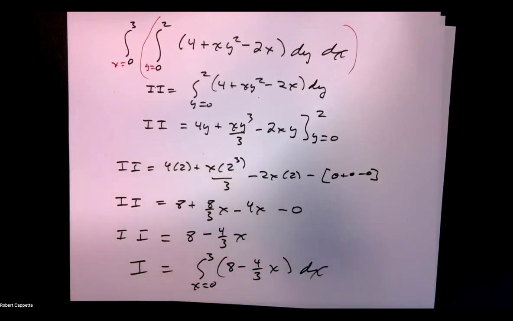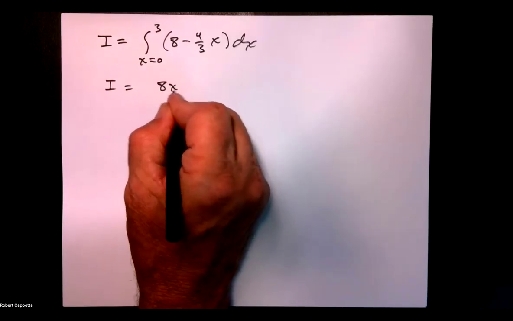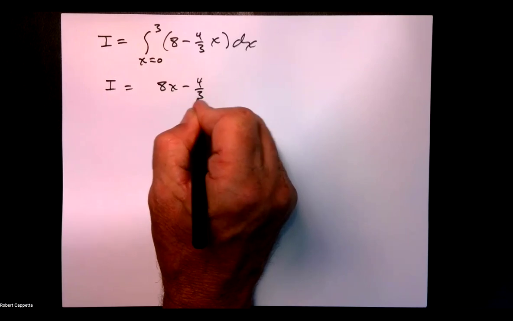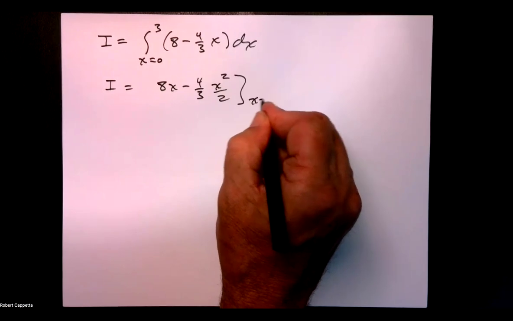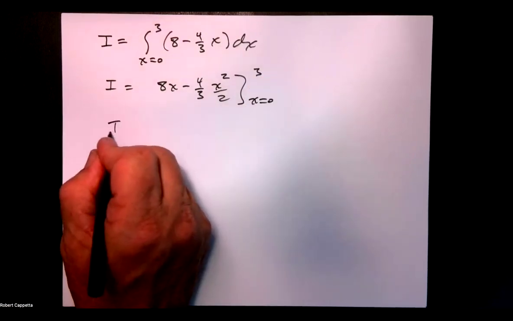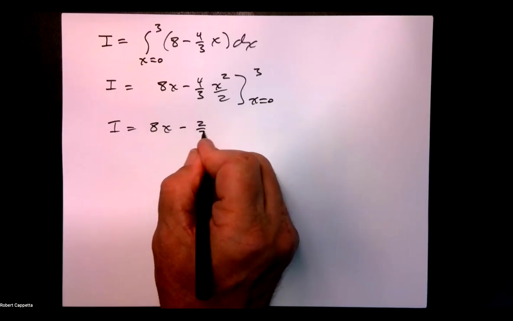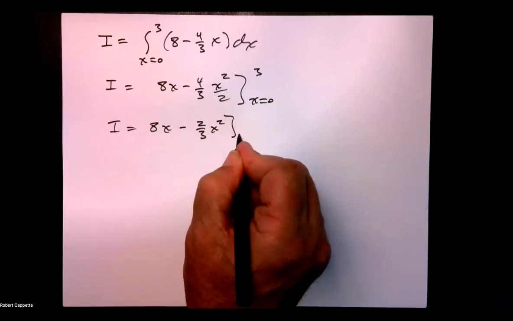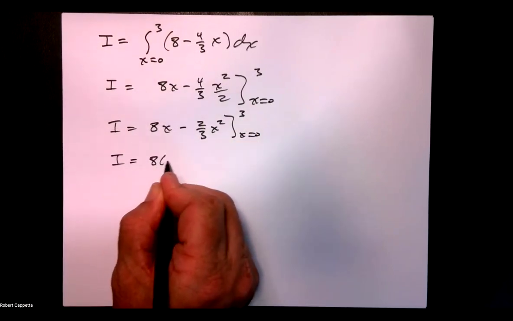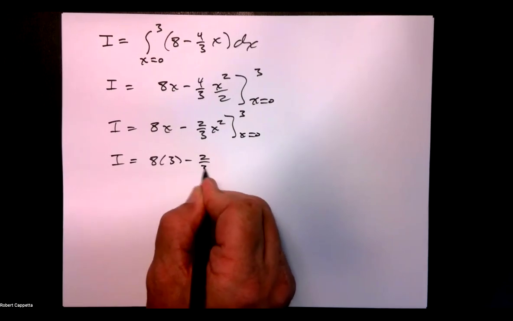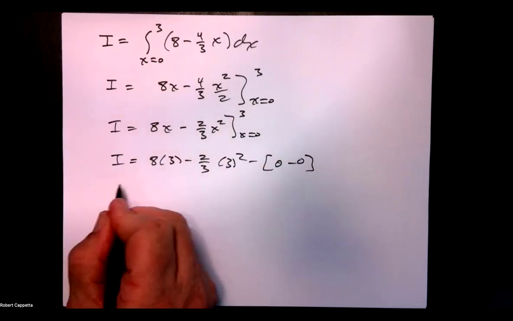So let's see what that gives us. We get 8x minus 4/3 x squared over 2 evaluated as x goes from 0 to 3, which is 8x minus 2/3 of x squared as x goes from 0 to 3, which is 8 times 3 minus 2/3 times 3 squared minus 0 minus 0.